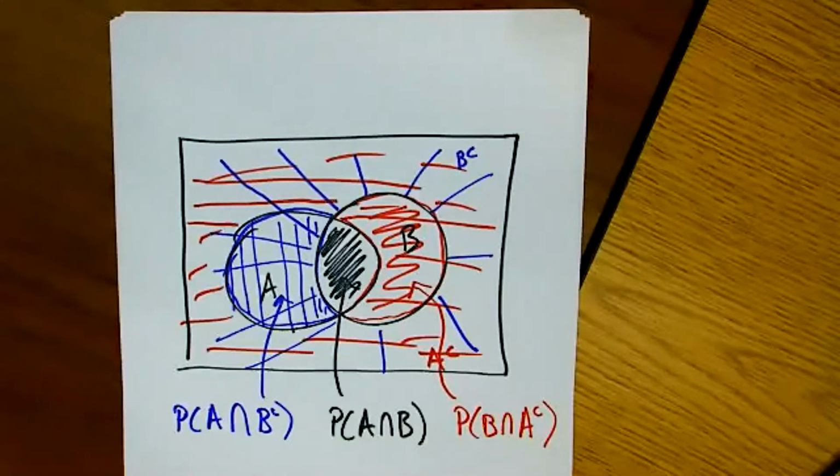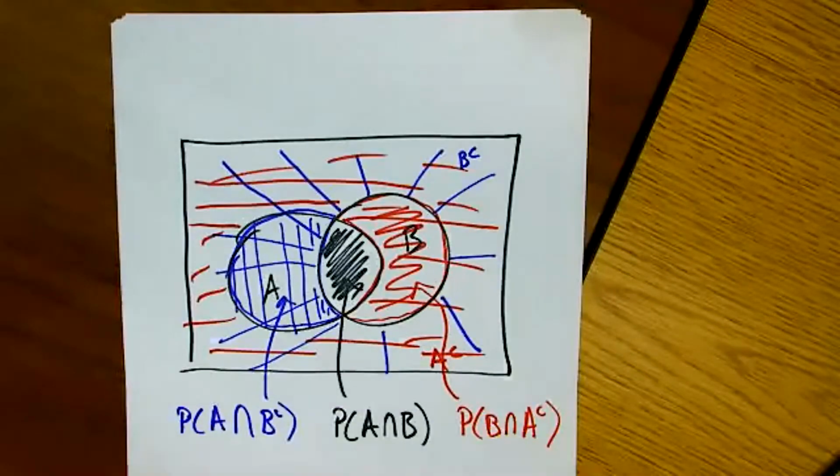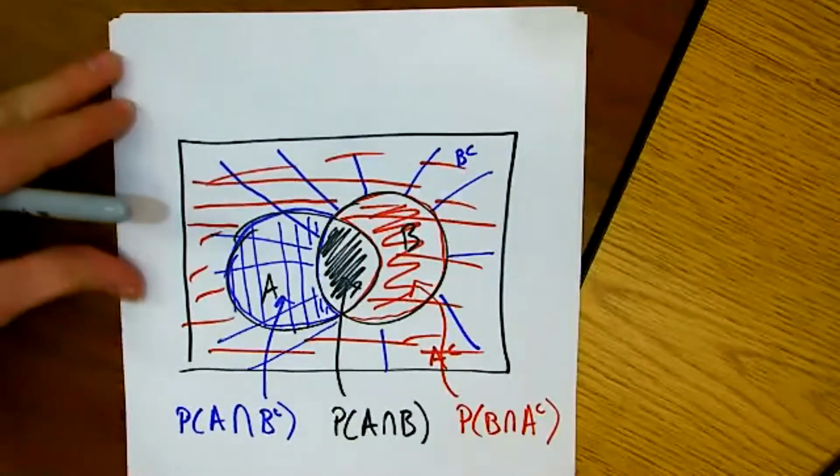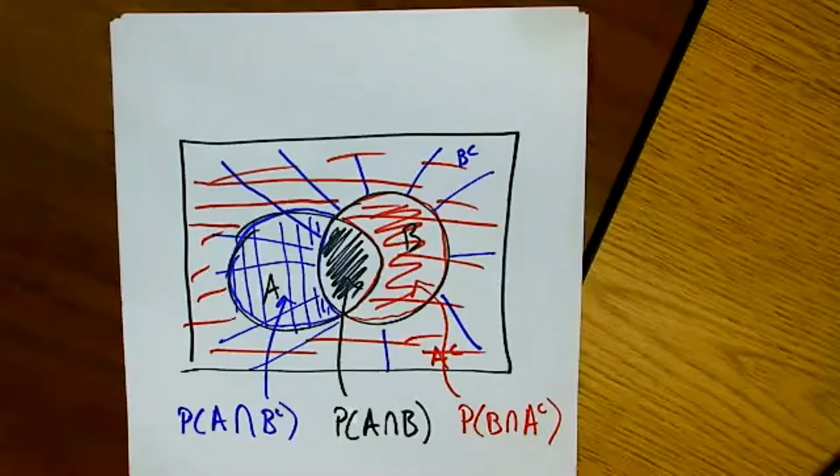So I can break down the union of A and B into 3 components: this half moon, this half moon, and what's in both of them. If I simply add them up, I'll have the entire area of A union B.